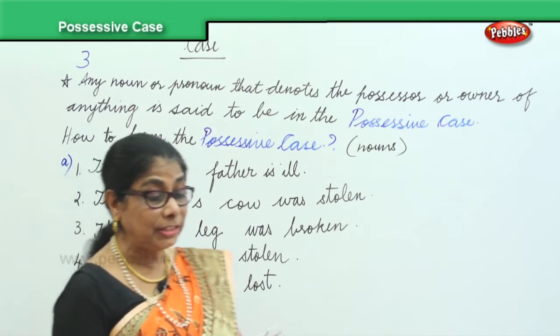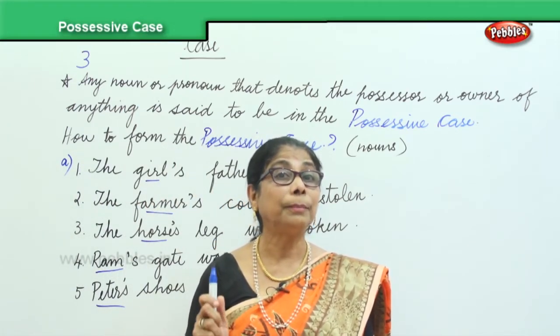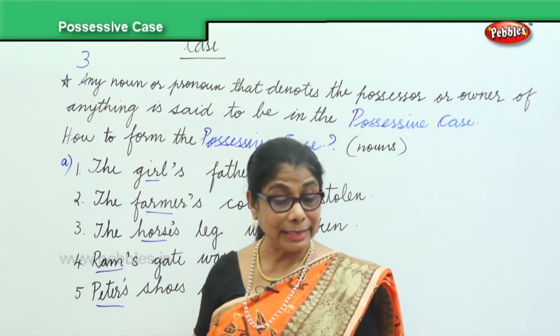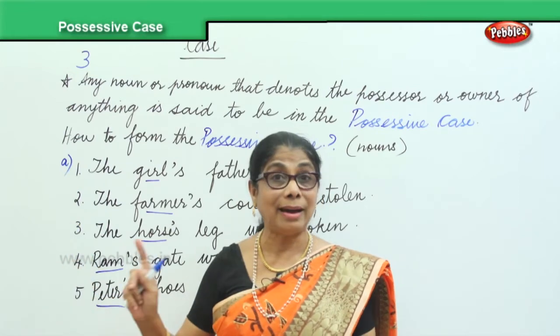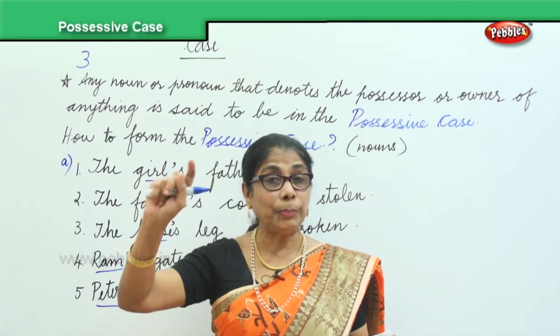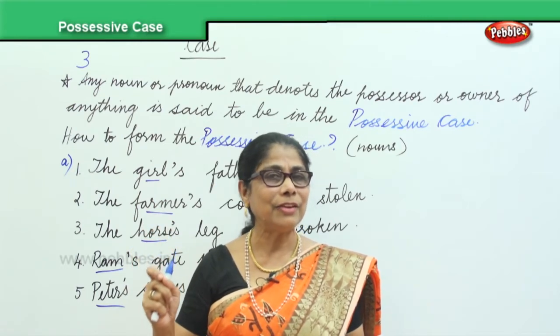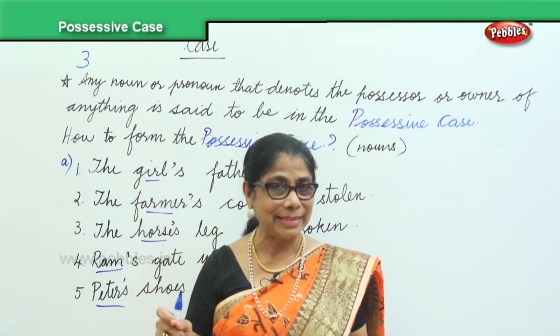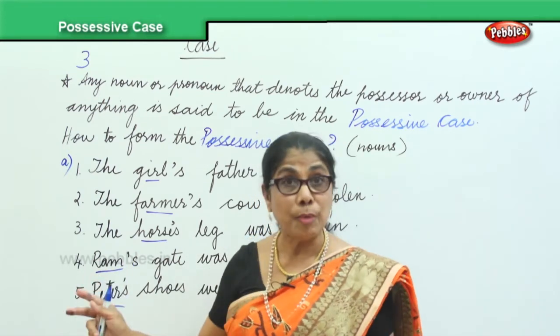So in the first way of forming the possessive case in these 5 sentences, remember the nouns are in the singular form. We put an apostrophe and we add an S, and thus we form the possessive case in the first case. Now I have 2 more for you.